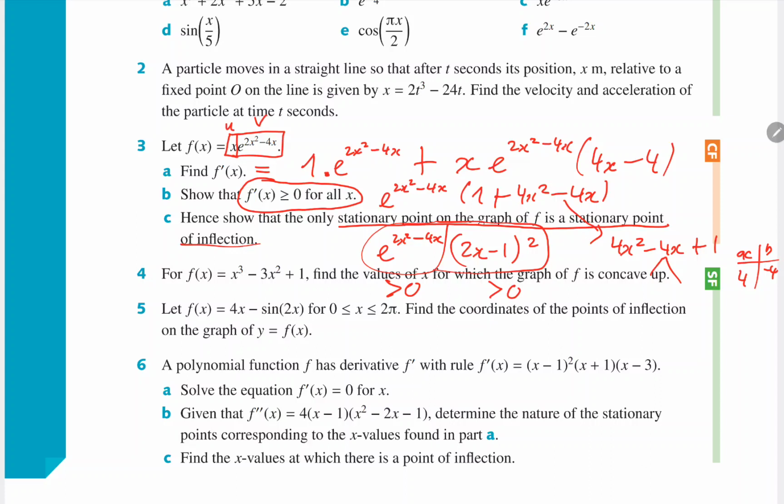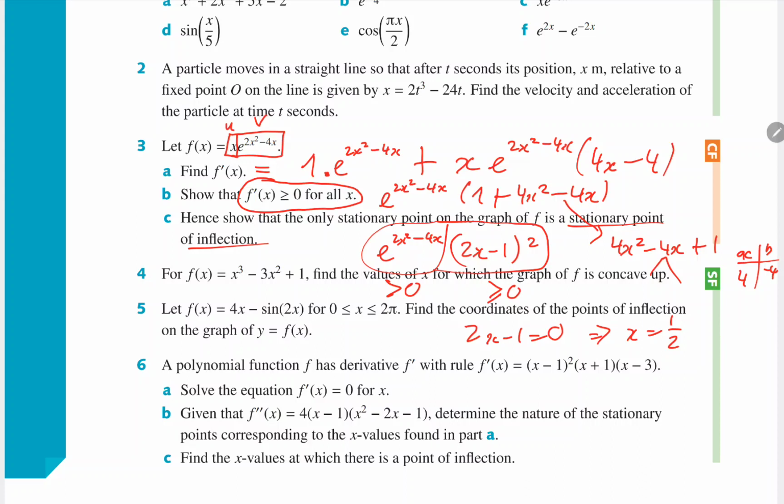So when you set this equal to 0, the first factor is strictly positive, the second one could be equal to 0. So you get 2x minus 1 equals 0, and therefore x would be 1 over 2. Now, technically, you can find the second derivative at this point. It's not too hard.